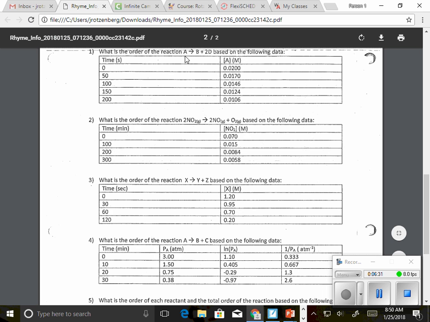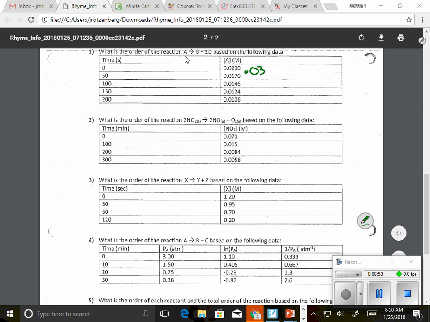How I would approach this is I would look at the change between time 0 to 50 seconds. 0.0200 minus 0.0170 gives me a change of 0.03 between those two, right?